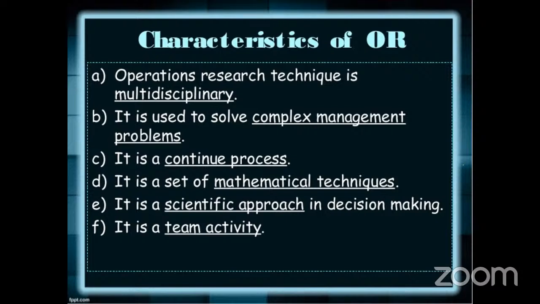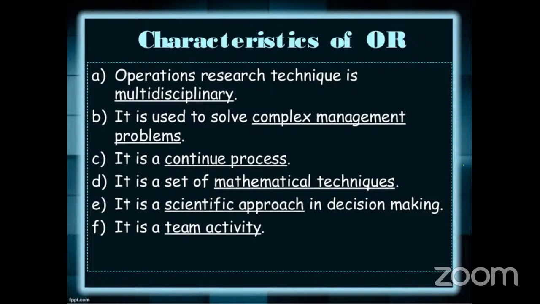When it comes to an activity, obviously one person cannot do all the things. So a team activity is required to solve any complex problem. If that is the case, then every problem can be solved easily and they can reach the goal of the main business. If you talk about business, every business requires maximum profit. So how do we get the maximum profit with the limited resources we have in our business?